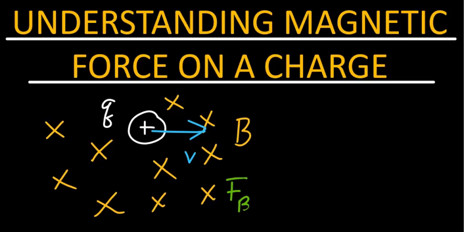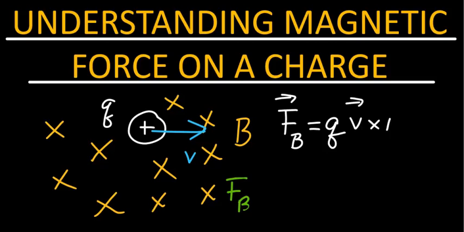The expression for this magnetic force is given by the following vector equation. The force is written in terms of a cross product. The two vectors of the cross product: the first one is the velocity of that charge, and the second is the magnetic field. So what is the direction of this magnetic force acting on that charge? You use the right-hand rule.